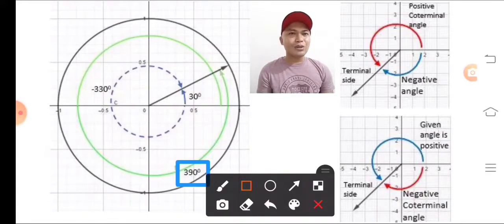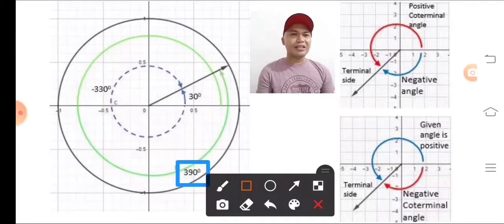Then, to look for the other coterminal angle, you only have to add again 360 degrees. So 390 plus 360, that is 750 degrees.